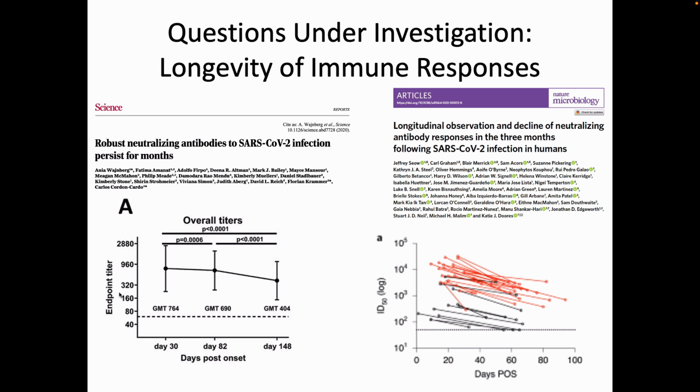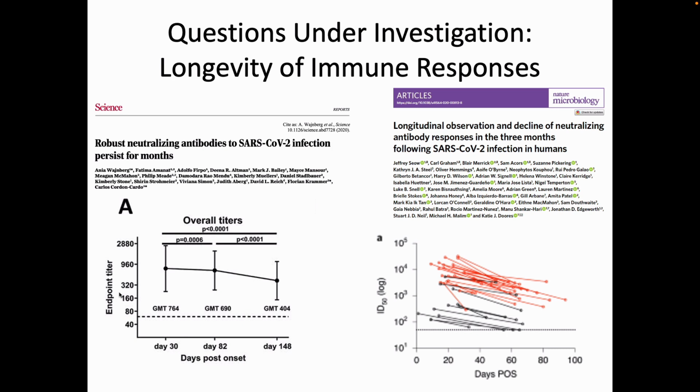This paper is called Robust Antibodies for Months. This paper is called Decline of Antibodies in Months. Let me look at the data. Do these two papers find different things? Nope. It's just what they call them, whether they call them robust or decline.